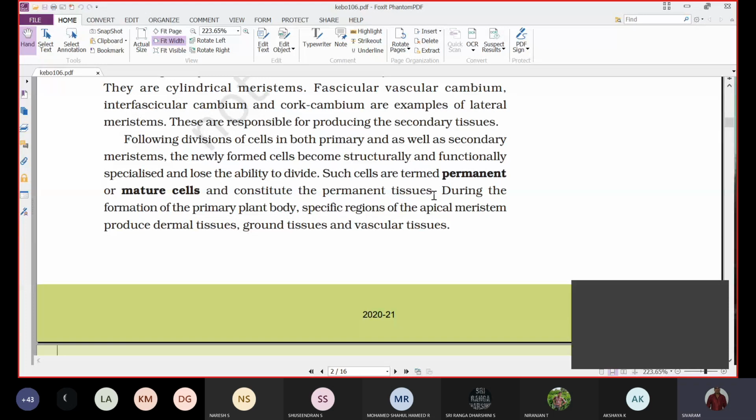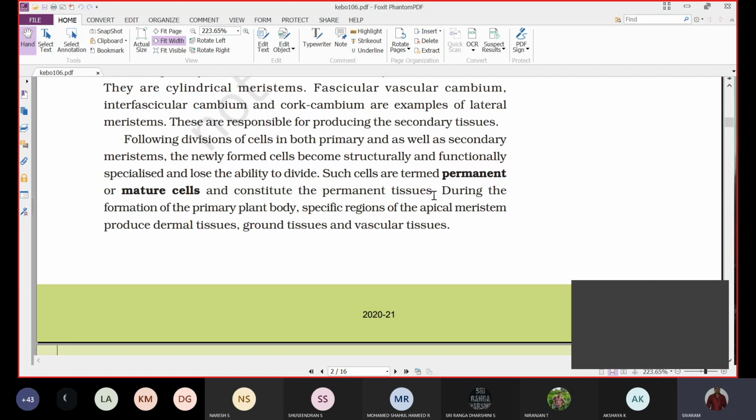Okay, and these cells can develop either from the primary meristem or secondary meristem, because meristem means it will undergo cell division. The cells which undergo cell division and are present from the early days, we call a primary meristem, and that which has developed in the later period of plant development, we call a secondary meristem.